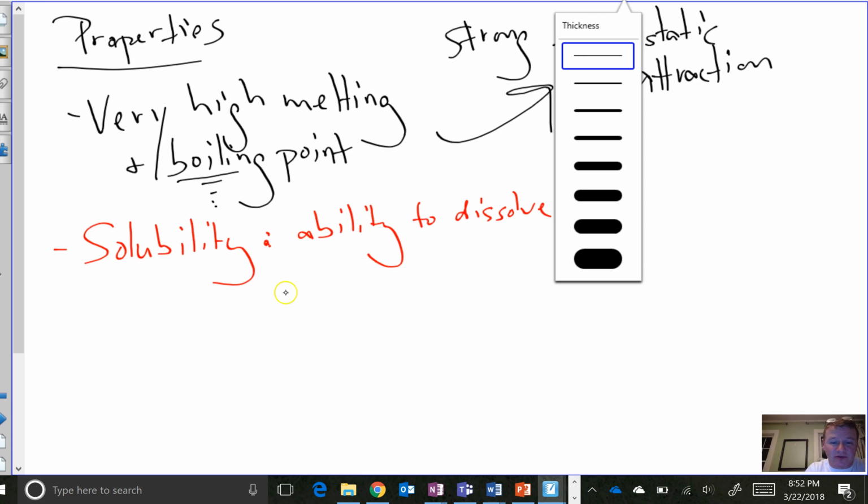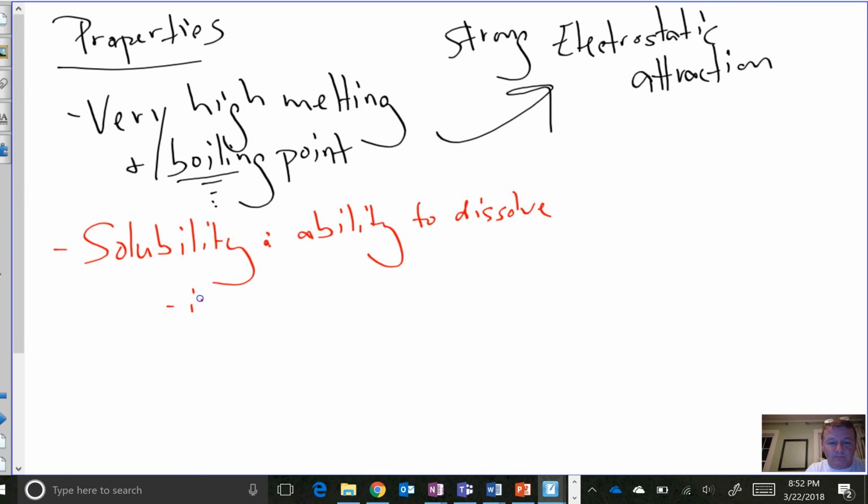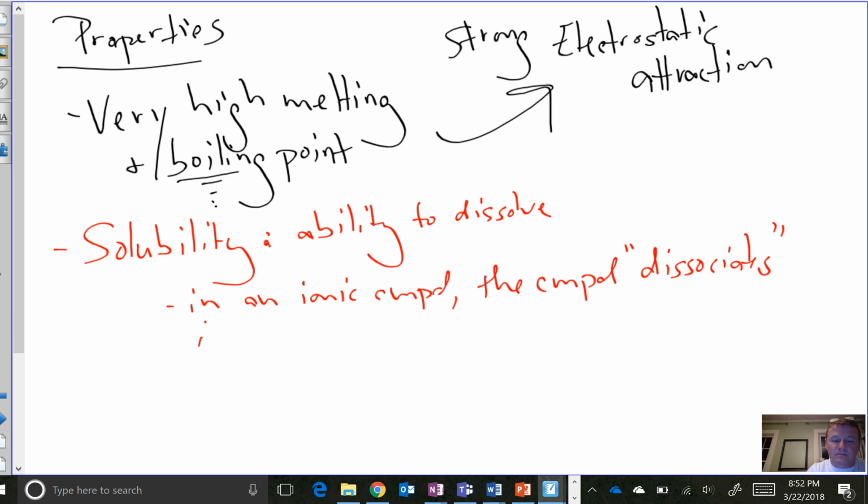I'm just going to write this out in kind of a narrative, and we'll talk about it. In an ionic solid, or in an ionic compound rather, the compound, and here's a new word, dissociates into its individual ions.